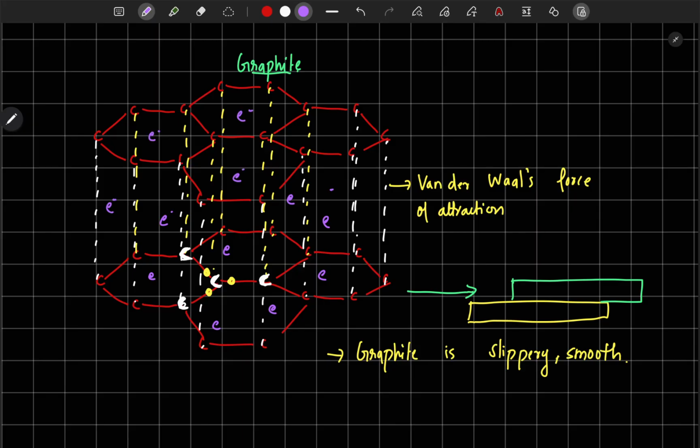These electrons are responsible for the conductivity in graphite. So we can also write: graphite conducts electricity because of the free electrons. These are the free electrons present in them.